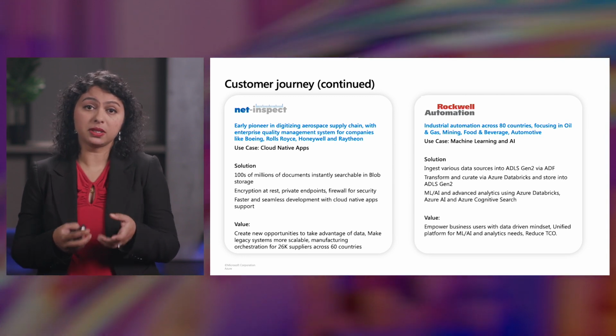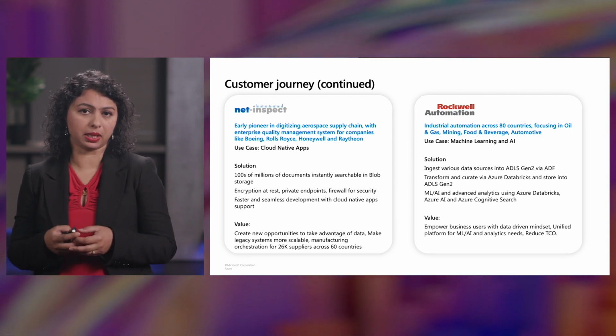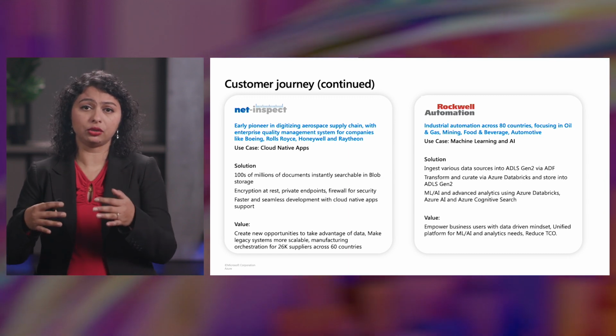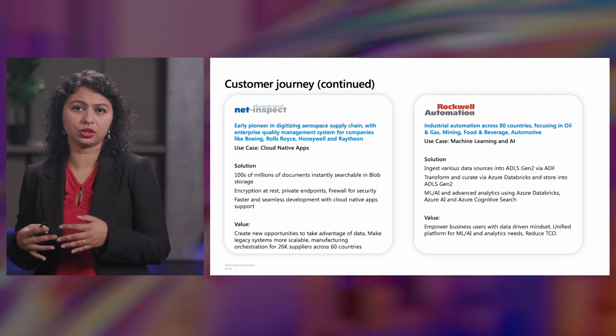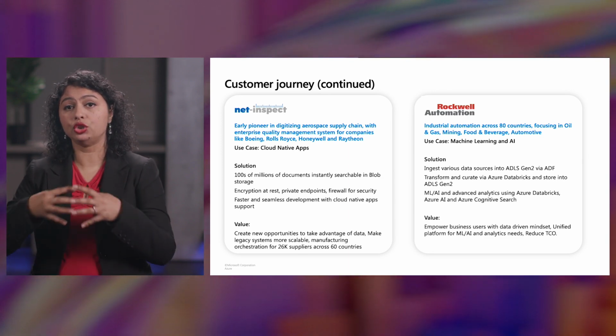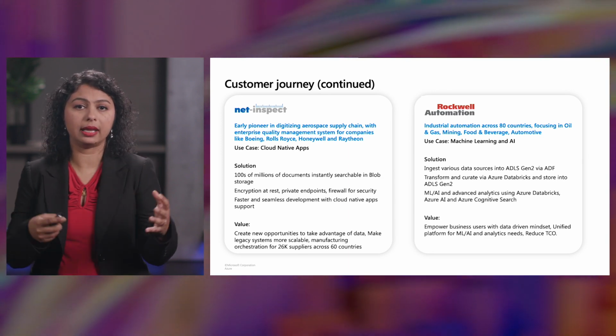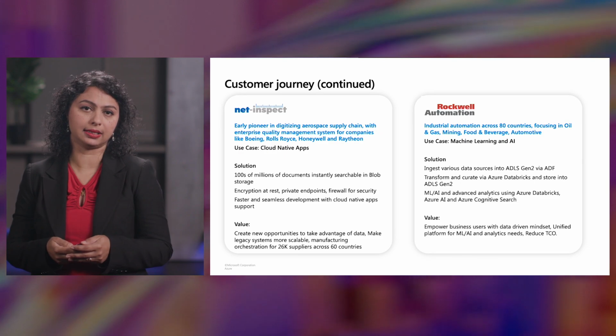This empowered their business users with a truly data-driven mindset. And in addition to lowering their total cost of ownership, it provided them with a unified platform for all their ML, AI, and analytics needs.